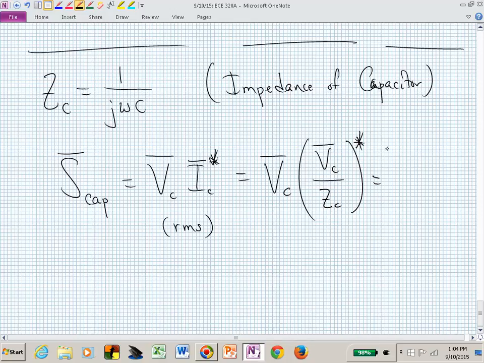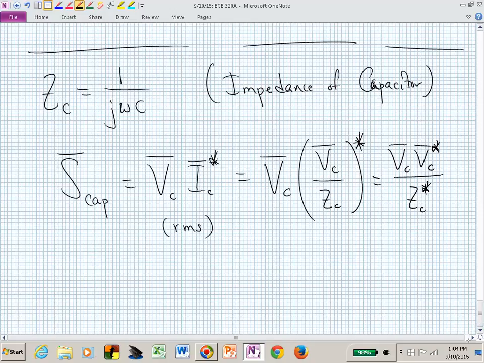So that now I have V sub C star over Z sub C star. But what is Z sub C star? You just have to negate the imaginary part of that impedance.